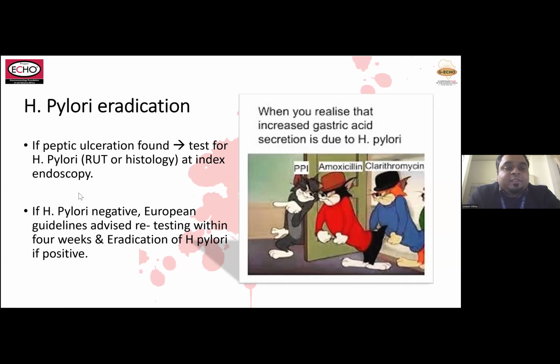If H. pylori is negative, the European guidelines advise to retest within 4 weeks and eradicate. In our settings, sometimes it's not that easy to get a second endoscopy that quick. Generally, if the patient has a peptic ulcer, we would put them on high dose BD PPI, and upon discharge, they generally get eradication.